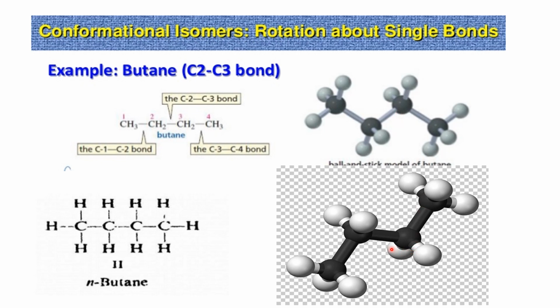See here, when we consider the butane molecule, if we take C2 and C3, they lie in a particular plane so that the projection formulas could be easily represented by using C2, C3 carbon atoms rather than any other carbon atoms.